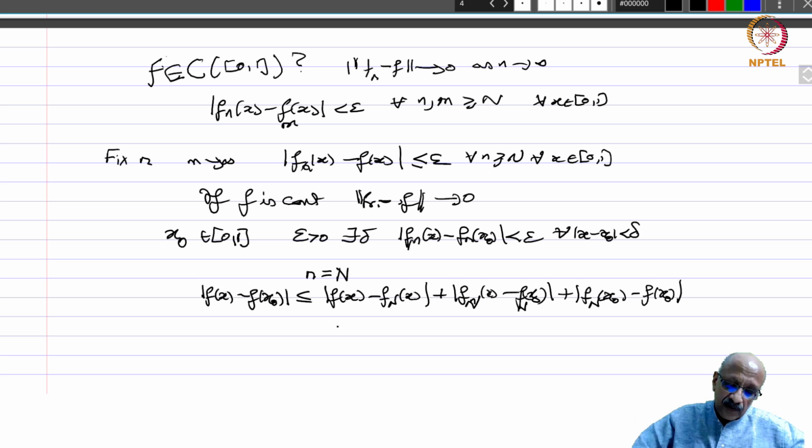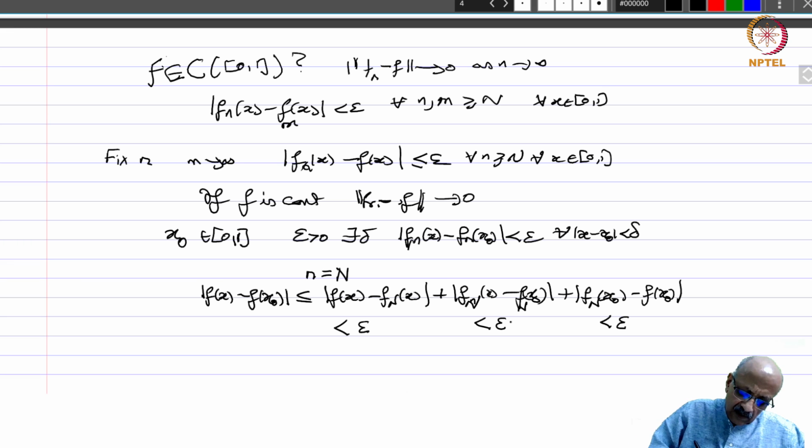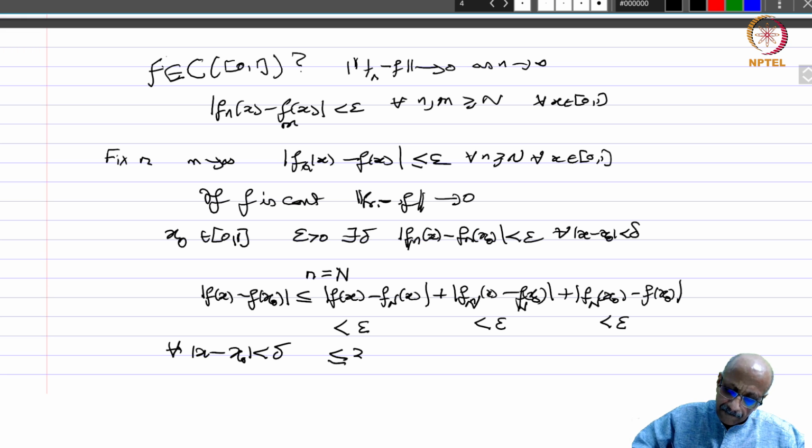Now what we just saw above, for all x, |f_N(x) - f(x)| is less than or equal to epsilon since N is greater or equal to N, and therefore this is less than epsilon. Similarly, this last term is also less than epsilon, and by the continuity condition this middle one is less than epsilon whenever |x - x naught| is less than delta. So this thing is less than 3 epsilon, that doesn't matter, and therefore you have shown that f is a continuous function. So every Cauchy sequence converges, and therefore C[0,1] is a Banach space.